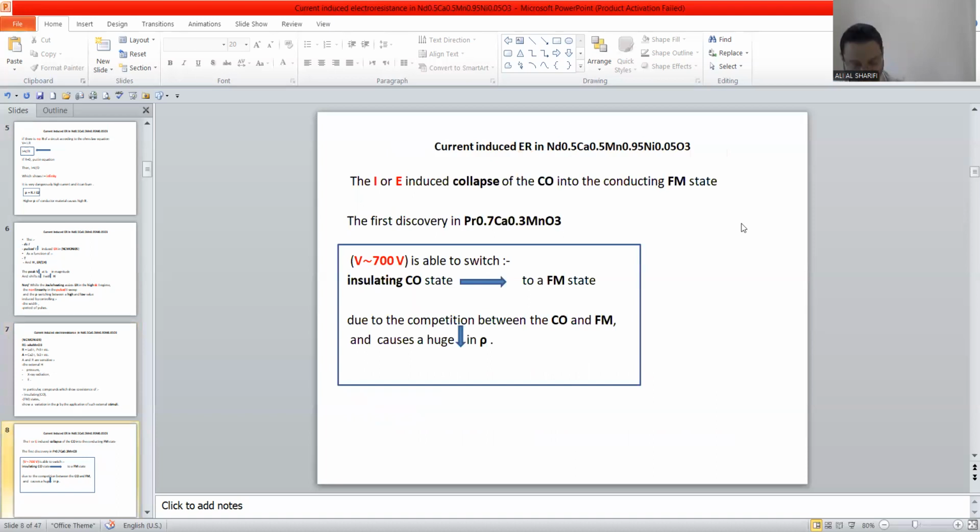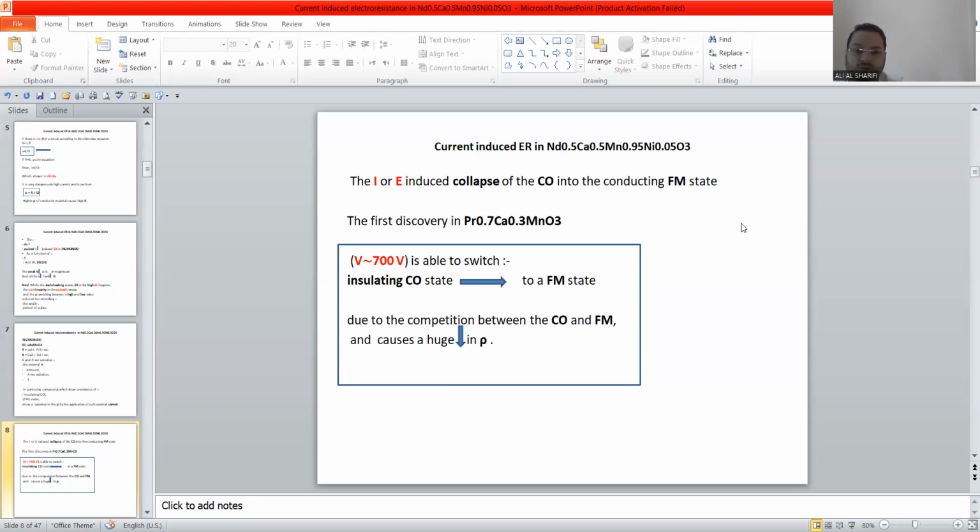Here, we noted an important thing from this article. At more than or approximately 700 volts, this huge voltage is able to switch the insulating charge ordering state to a ferromagnetic state, a metallic ferromagnetic state. Due to what?